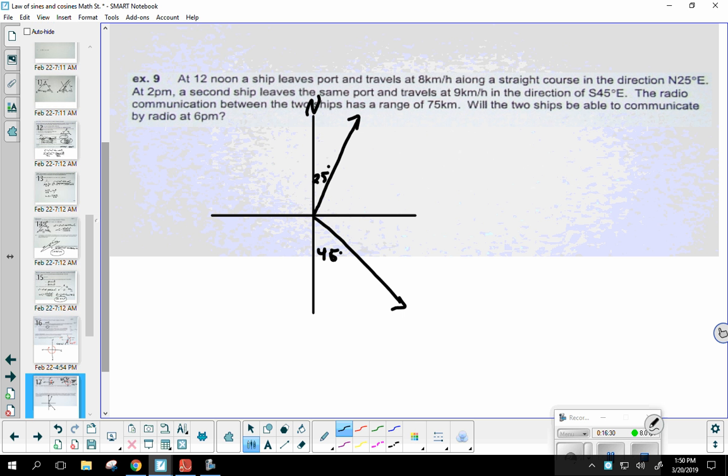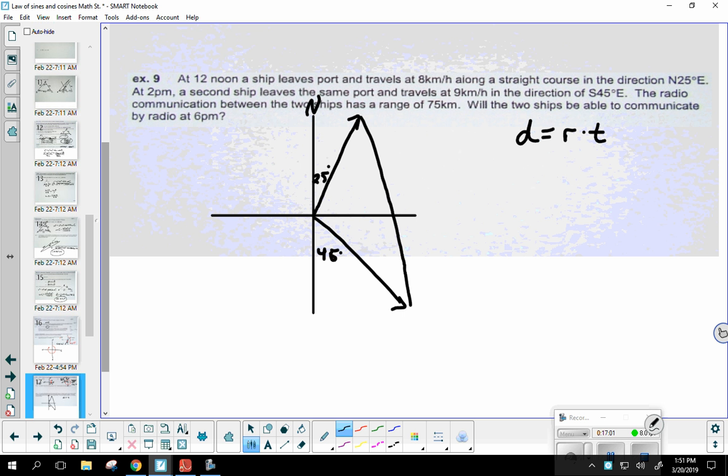And now we're talking about these ships, the distance between them. Will they be able to communicate with each other? So here's the thing. What would the length of this one side in the first quadrant be? There you go. Is everybody okay with where we're getting the 48? Because remember, distance is equal to speed times time.